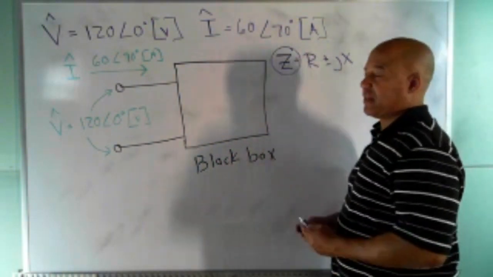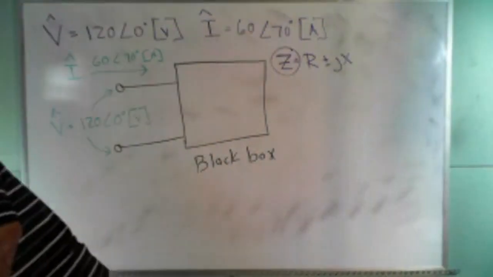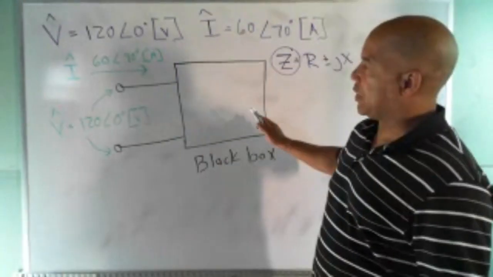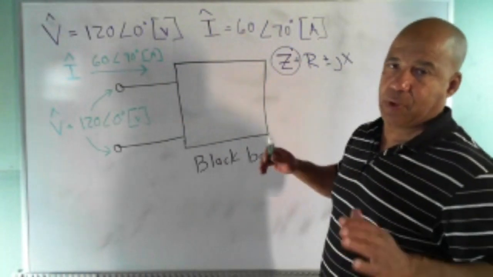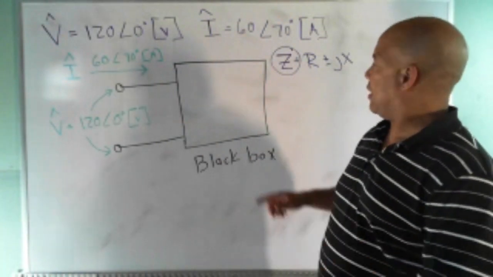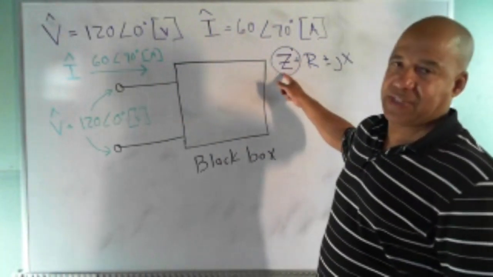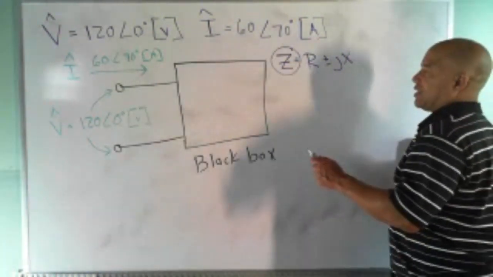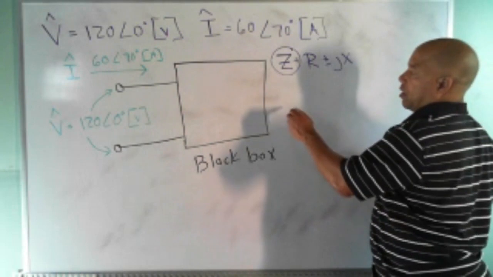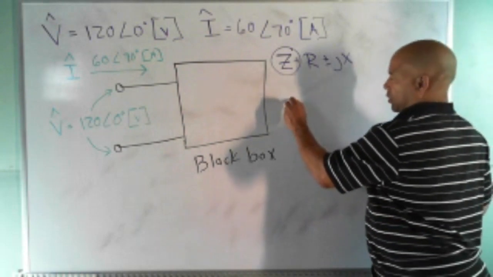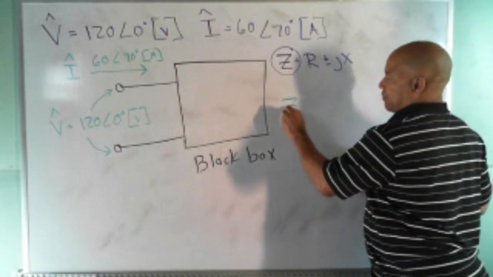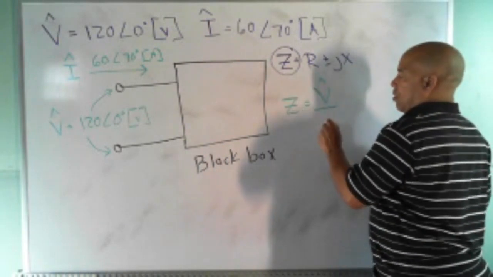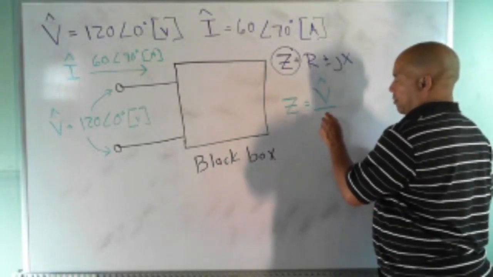So how do you get Z? Well, what you do is you ask yourself, if these were all resistors, if this was DC, what would I do? In that case, it wouldn't be Z. The total opposition would be R, but it's the same thing. The total resistance is total voltage over total current. So the total impedance equals the total voltage phasor over that current phasor.